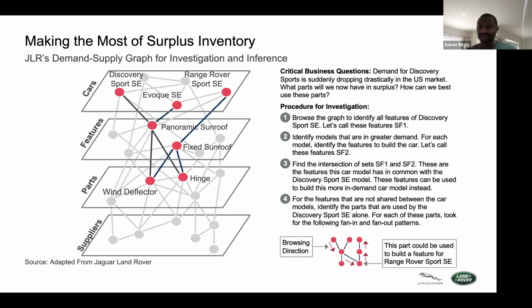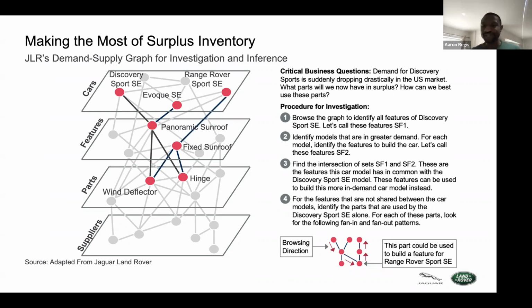The second way that they use this data is basically to see how they can make better use of inventory. So if, let's say, a particular model has slowed down, and they don't need to make so many of that particular model, what can they do with the parts that are now in surplus? What parts can be used for other cars?